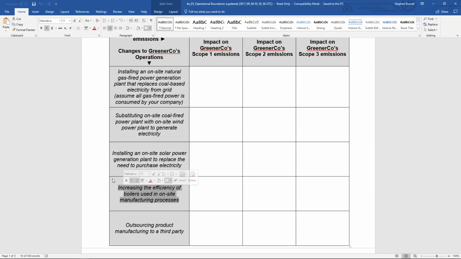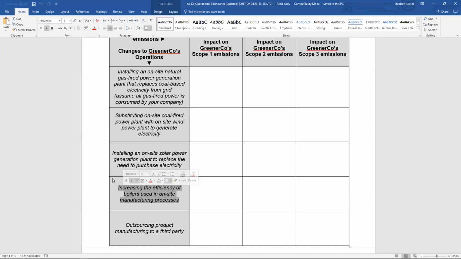Okay. So assuming that the company doesn't take advantage of those energy savings to increase output, if we assume that everything else is held constant, then Scope 1 emissions will fall because the company is using less fuel. Just because it needs to use less fuel to generate the same amount of energy output.